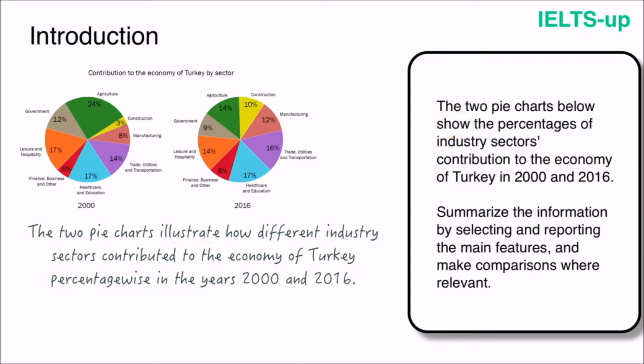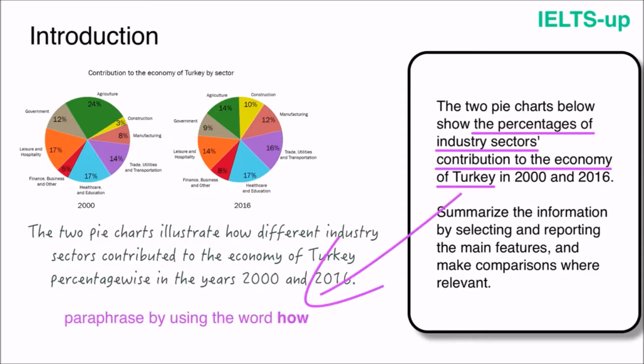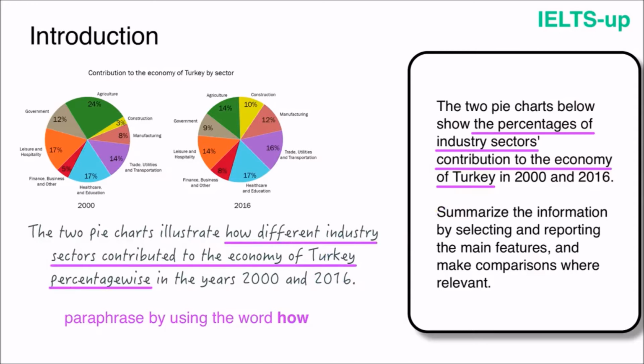Then comes a long phrase, the percentages of industry sectors' contribution to the economy of Turkey. I decided to paraphrase it by using the word how. And that's what I've got. How different industry sectors contributed to the economy of Turkey percentage-wise. The word percentage-wise means in terms of percentages.